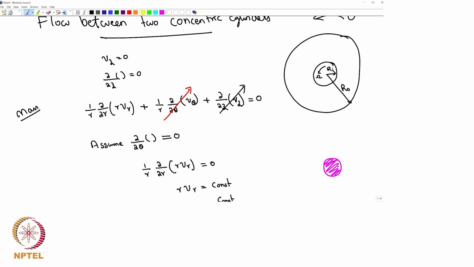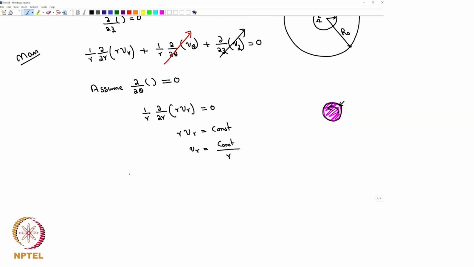So, what should be, let us say, the value of V r on the surface of the inner cylinder? Let us imagine that is your inner cylinder, and this inner cylinder is rotating in a counterclockwise fashion with some angular velocity. What do you expect the value of V r to be on the surface of the cylinder? You can't have fluid going into the cylinder, because the cylinder is a solid cylinder.